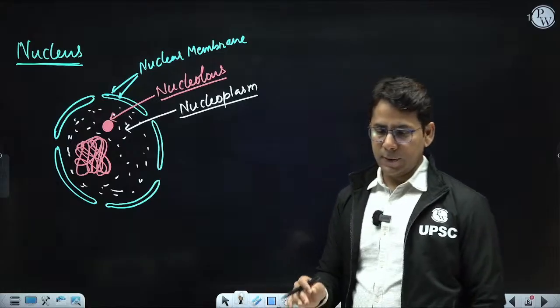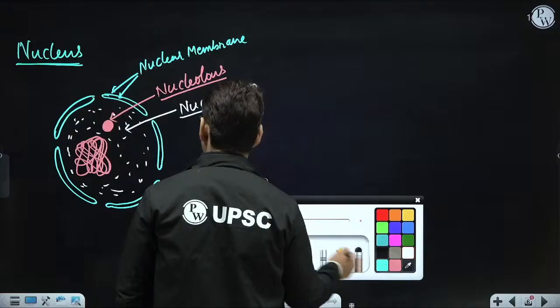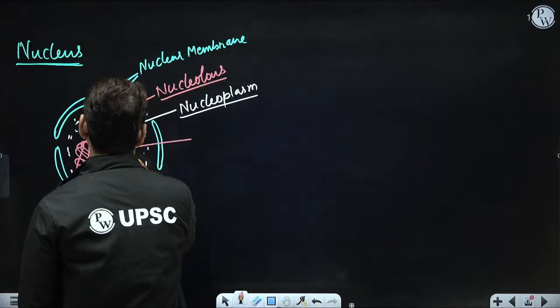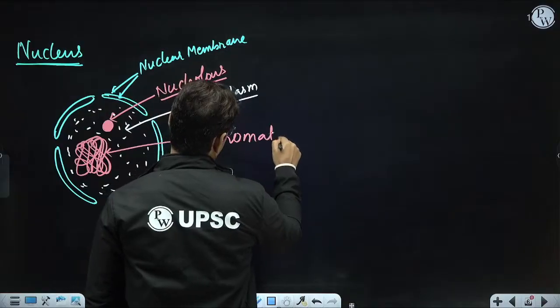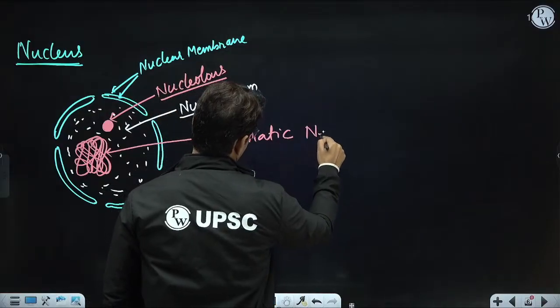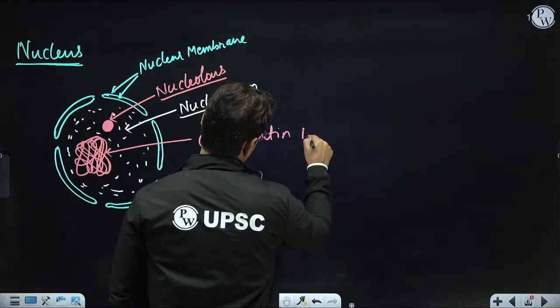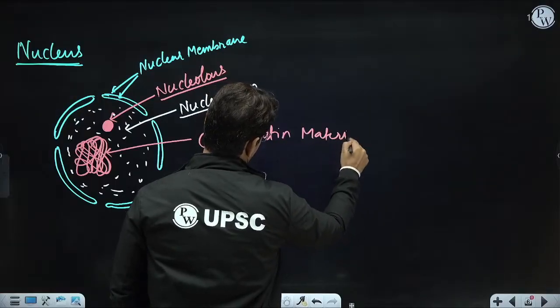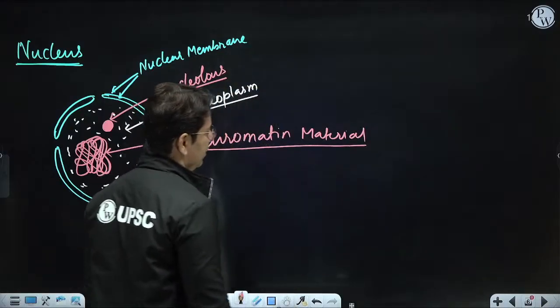But this part, this entangled thread-like structure, this is the most important part, and this is called chromatin. What do we call it? Chromatin material. Now somebody can say, how come this is chromatin?